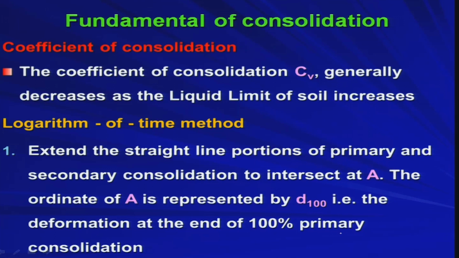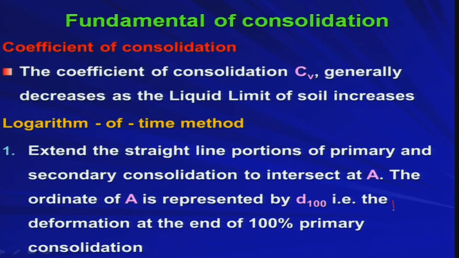Anyway, there are two methods by which you can find out the coefficient of consolidation C_v. One is the logarithm of time method, another one is the square root of time method. First one I will discuss. So, the logarithm of time method, what is that? In the consolidation curve, extend the straight line portions of primary and secondary consolidation to intersect at A, right.